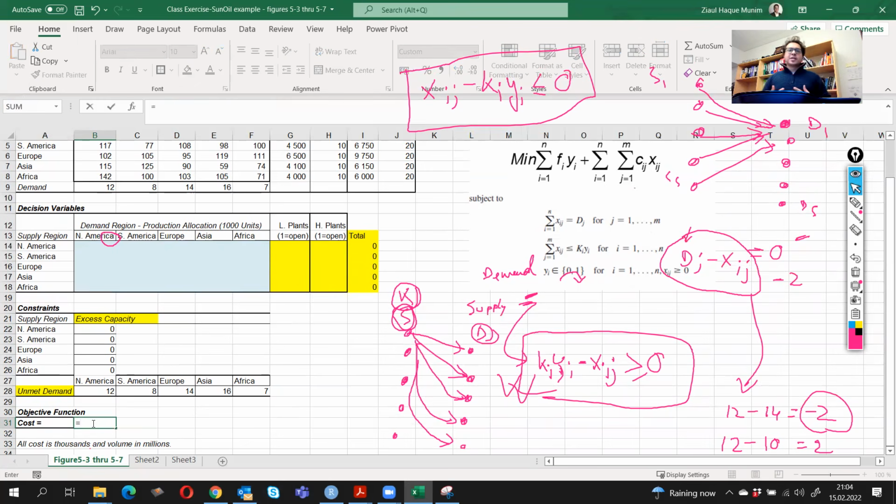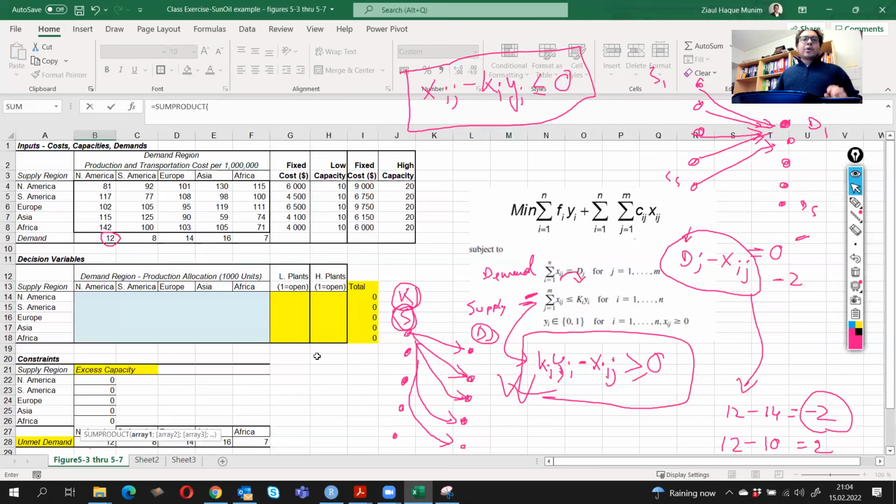So we start with the function equal to. First we are going to put all the fixed cost. So we are going to use a function called sum product. Sum product, fixed cost of my low capacity plant. And here I see I have to use a semicolon.